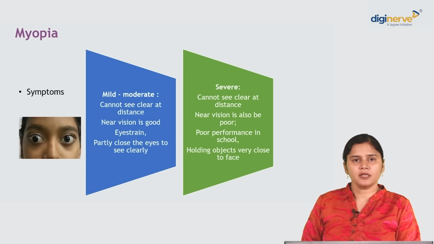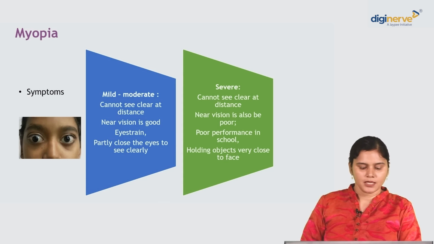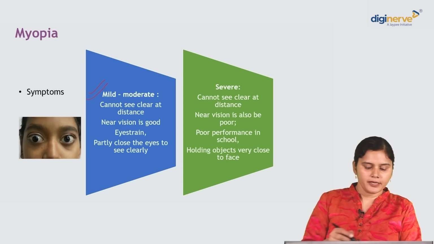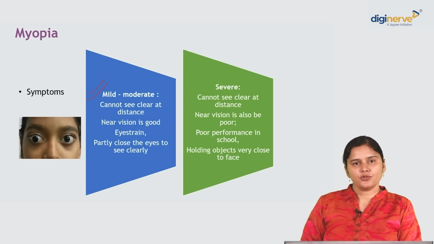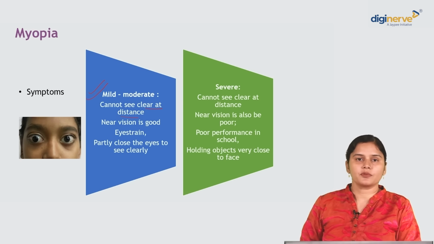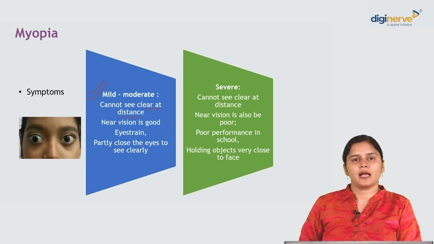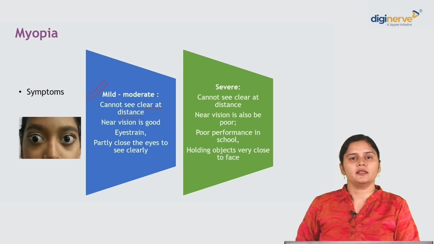Now, what are the symptoms of myopia? When a person comes to you with myopia, what are the symptoms? In mild to moderate myopia, a person just cannot see clearly at distance. In children, teachers usually tell you that this child is not able to look at the blackboard, or the child comes and tells you that he is not able to look at the blackboard when he is sitting in the back seats.